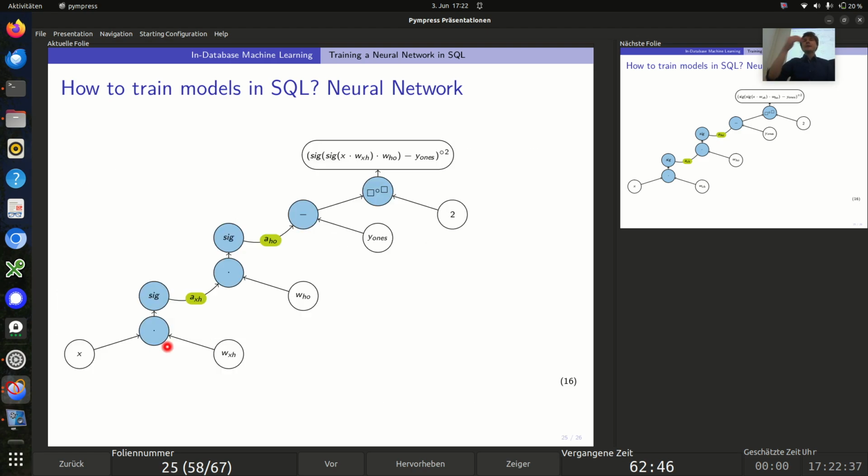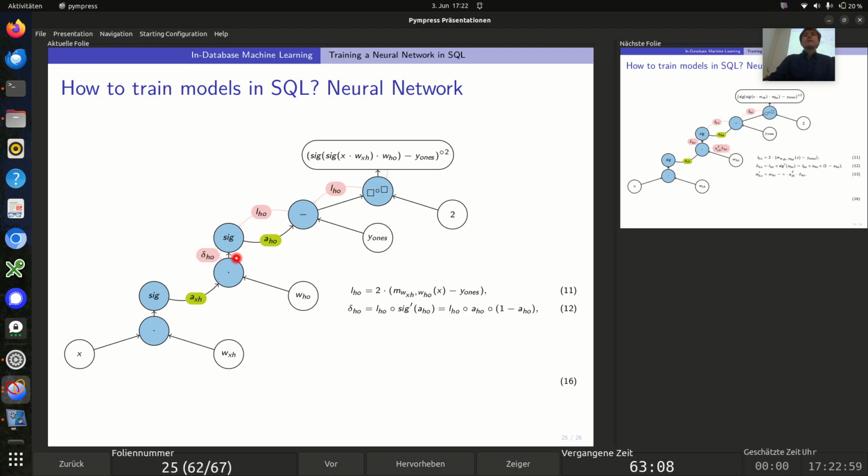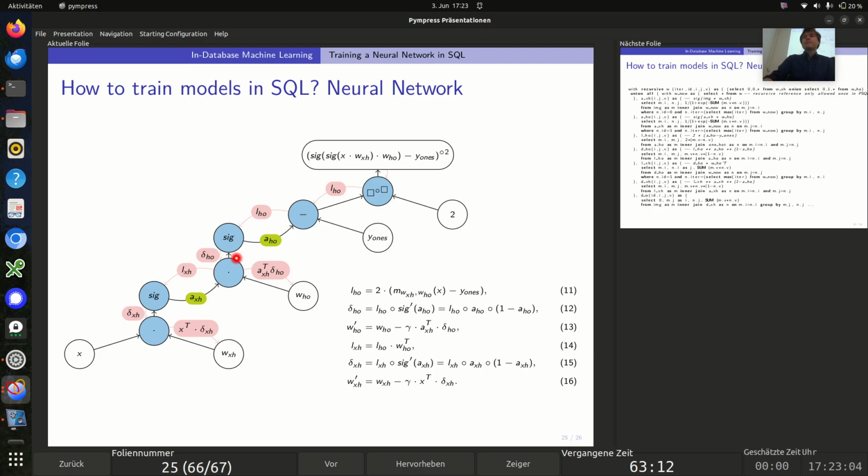So how does it actually work? This is the same graph applied to a two-layer neural network, and then we can do backpropagation, which is the extension of reverse mode automatic differentiation. We also have our derivatives, so we know them in advance.